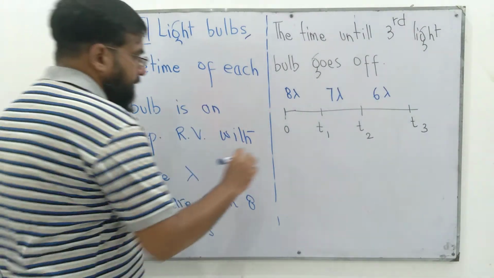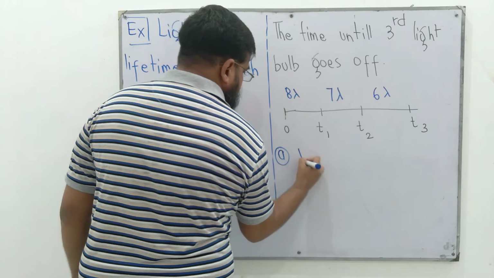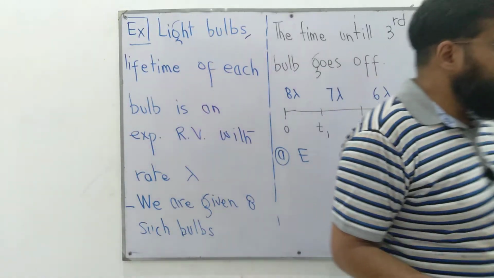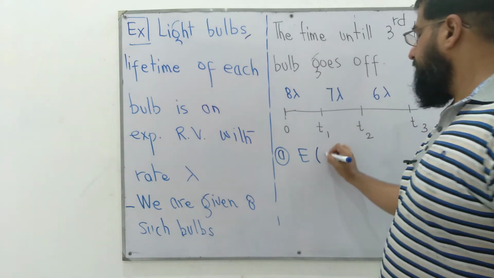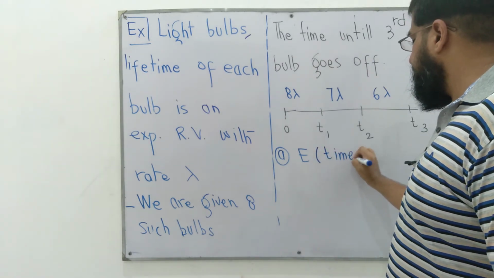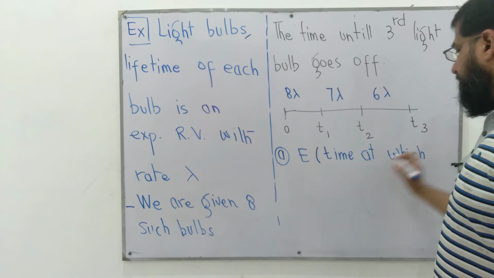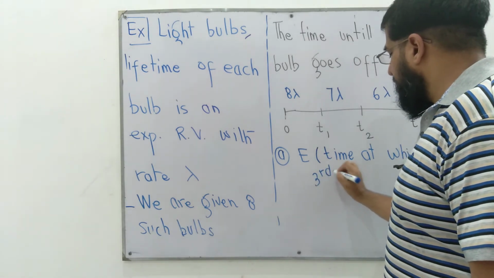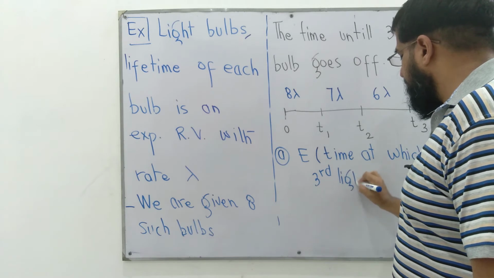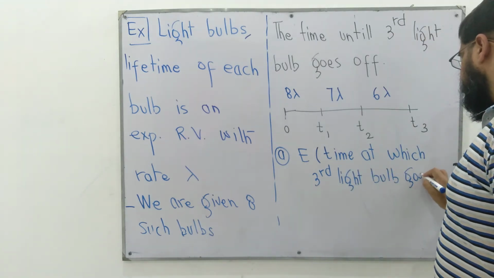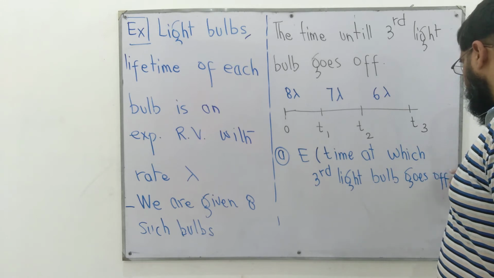So we are asked to find the expected time at which the third light bulb goes off.